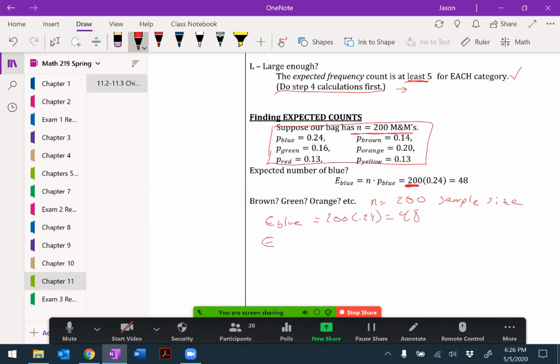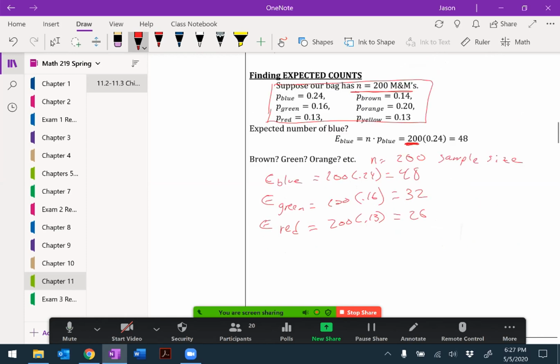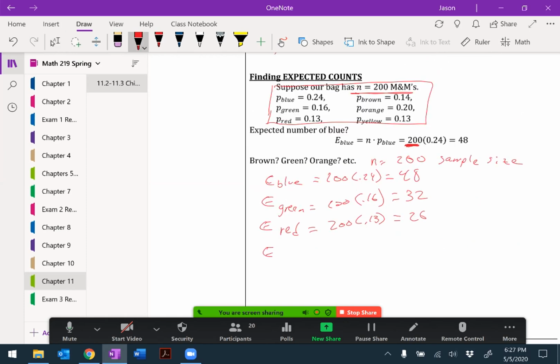The expected amount for green was 200 times 0.16, which is 32. The expected amount for red is 200 times 0.13, or 26. The expected amount for brown is 200 times 0.14, which is 28.